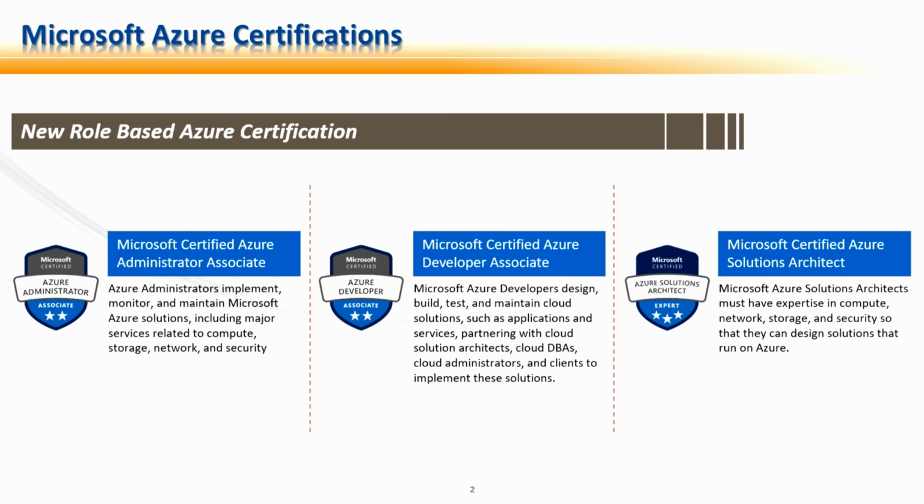So 7532 was for the Azure Certified Developer, whereas 7533 was for the Azure Administrator, and 7535 was for Azure Solutions Architect. And each of these new certifications were divided into two sections. And as I already told you, you get the certificate only after completing the two certifications.